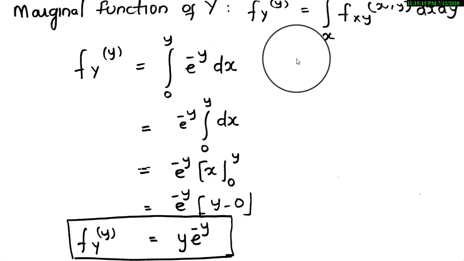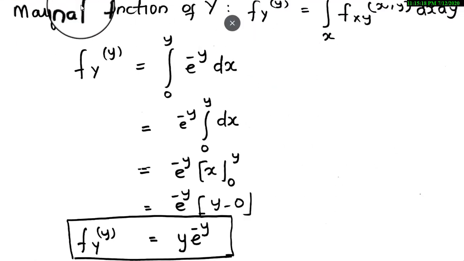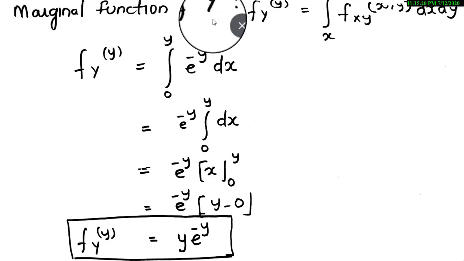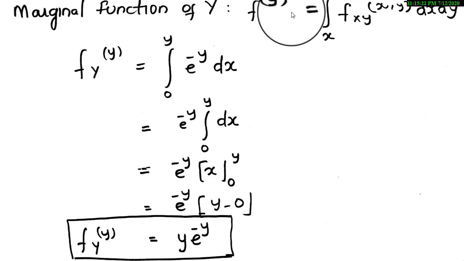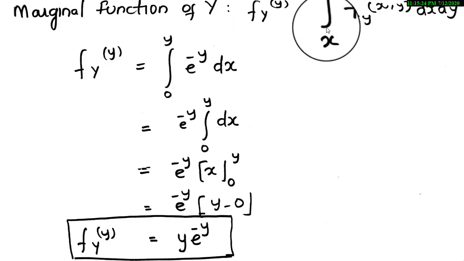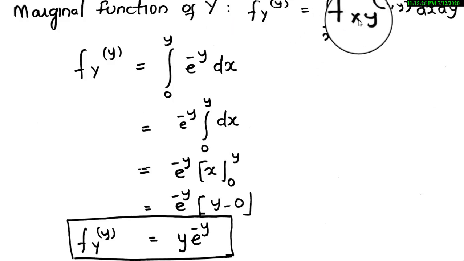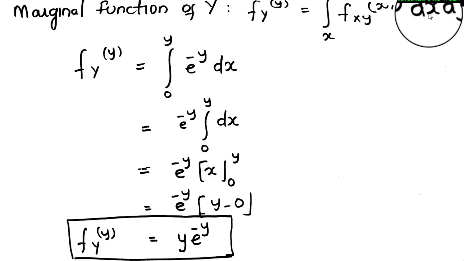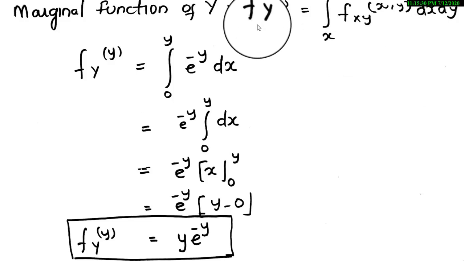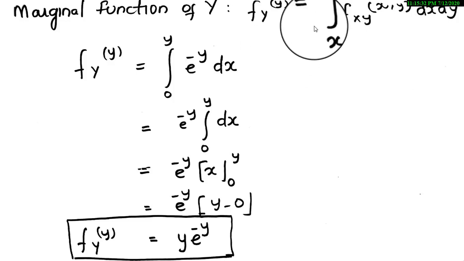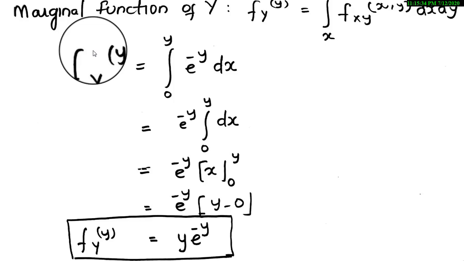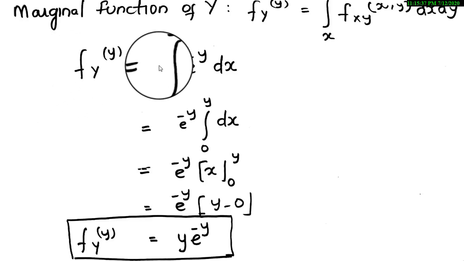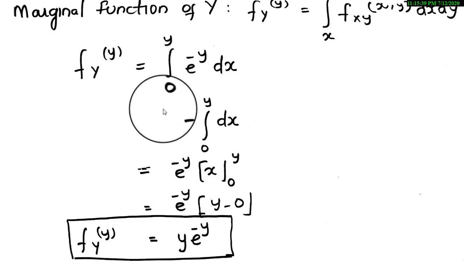Similarly, the marginal function of y. What is the formula? The marginal function of y is given as f of y is equal to integral with respect to x of f of x comma y dx. Now when I am doing it for y, I need to take the integral over x. So f of y is equal to integral. What is the limit of x?